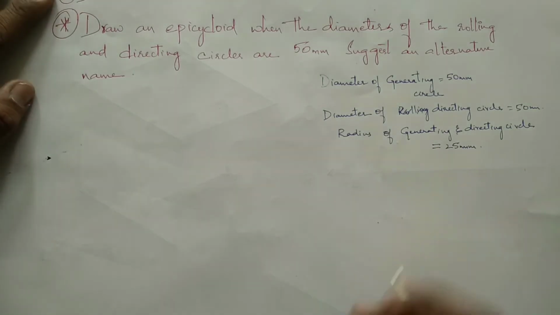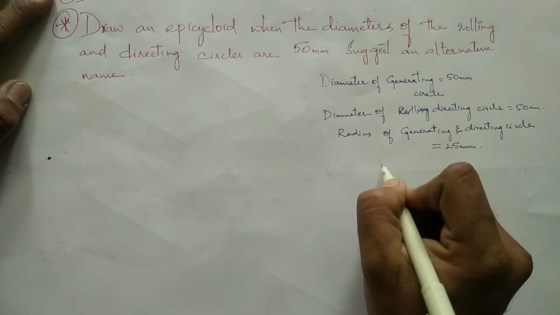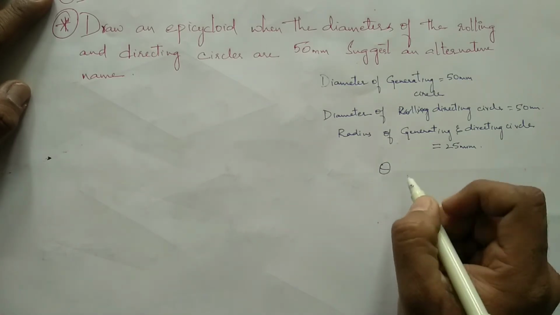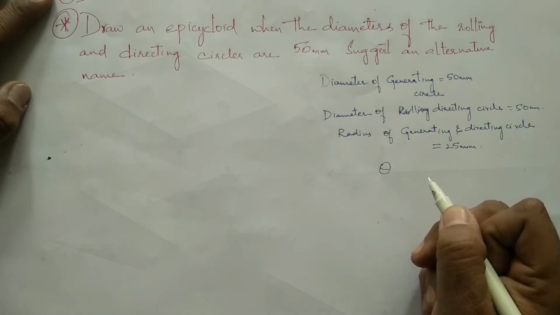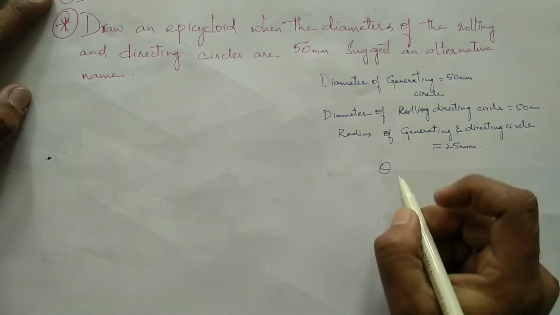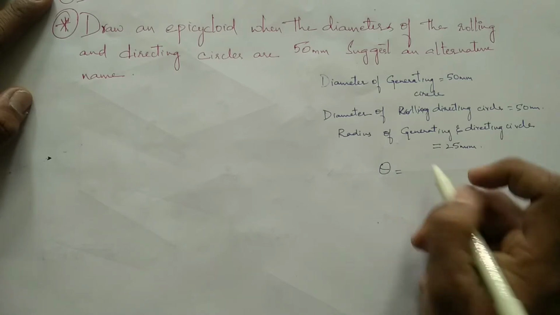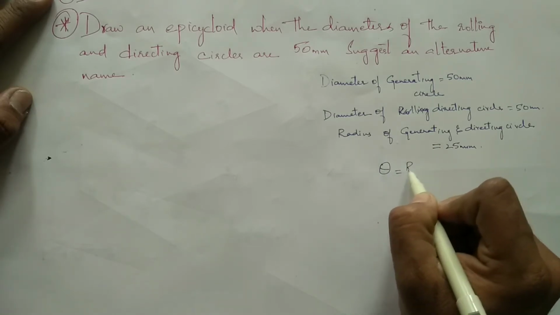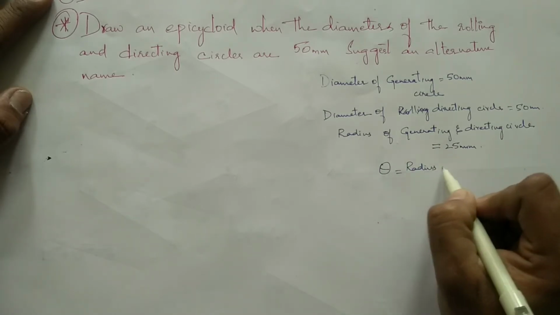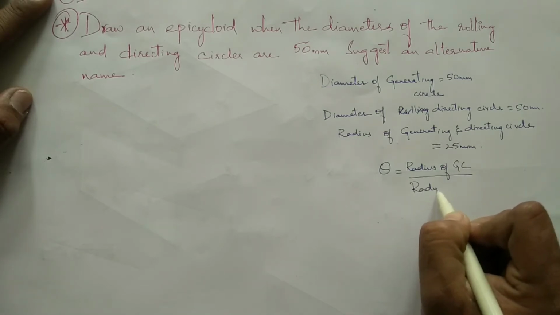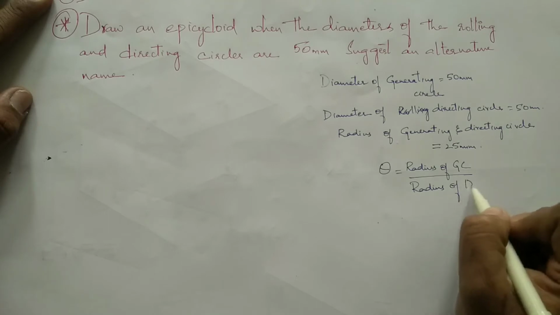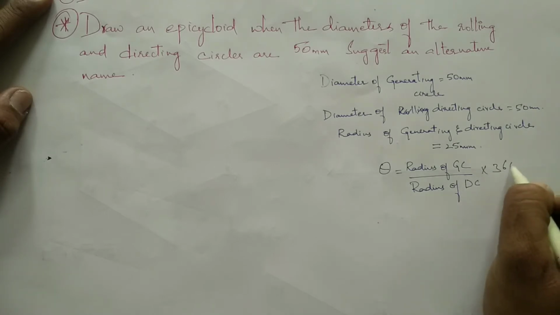In order to calculate the angle of revolution for generating the curve, what is the angle that we are about to calculate? It is the radius of the generating circle by the radius of the directing circle, into 360 degrees.